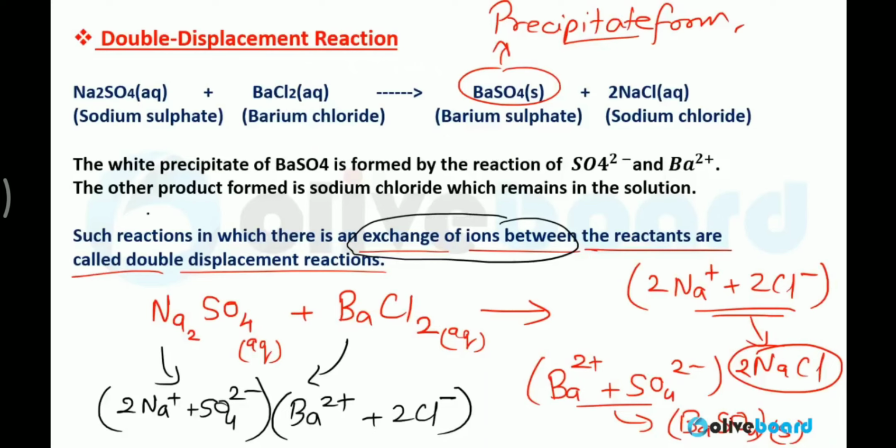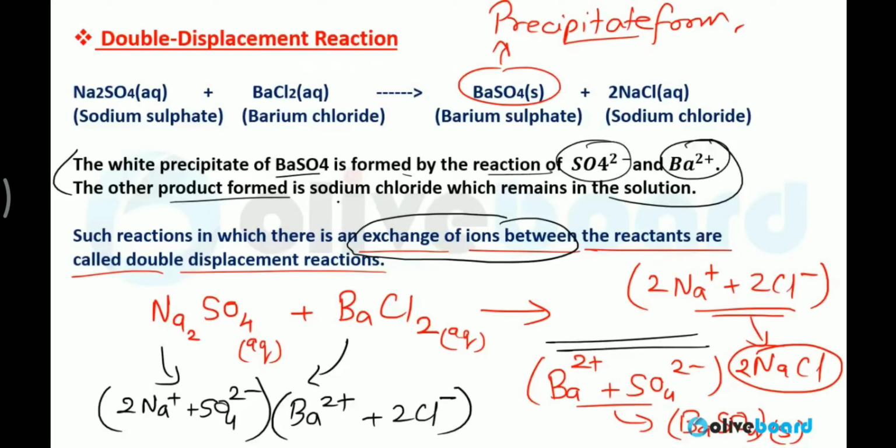Now, just a small piece of information: the white precipitate of barium sulfate is formed by the reaction of SO4 2 minus and Ba2 plus ions, as I said.